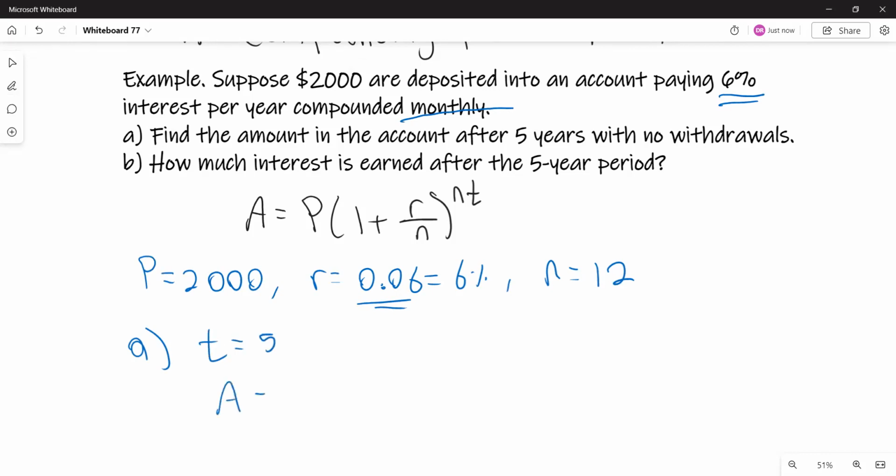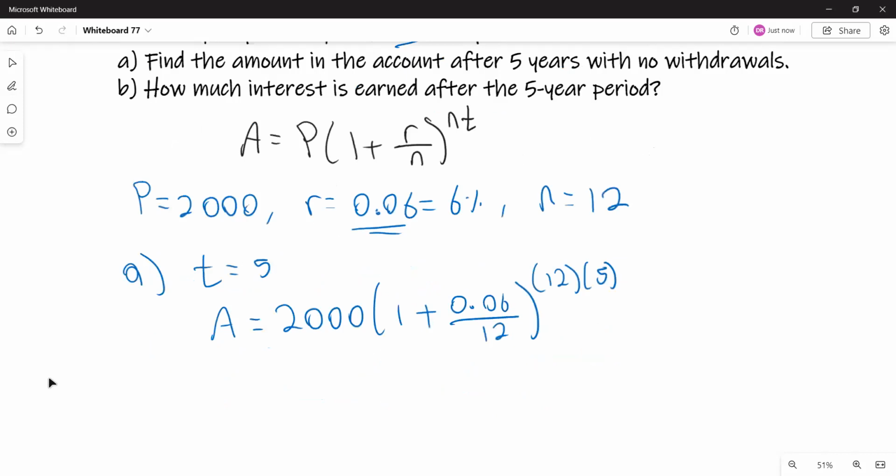So the amount in the account after t years is going to be 2,000 times 1 plus 0.06 divided by 12, to the 12 times 5. So 0.06 over 12 is 0.005. So that's 2,000 times 1.005.